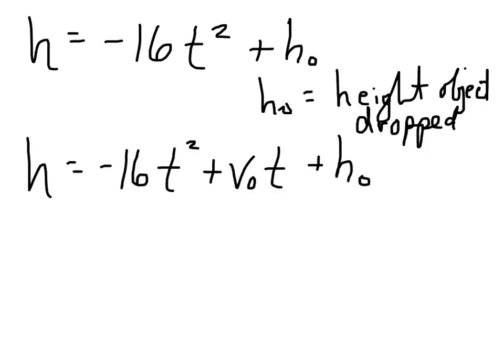So that's where that will go in the h0. That first one is for when you drop it. So if I were to take a ball and just drop it, that's what this one's doing. On the bottom one, the v0 stands for the velocity, which would be if I threw the ball, then it has velocity. If I just drop something, that's the first equation. But if I throw something, that's the second equation.